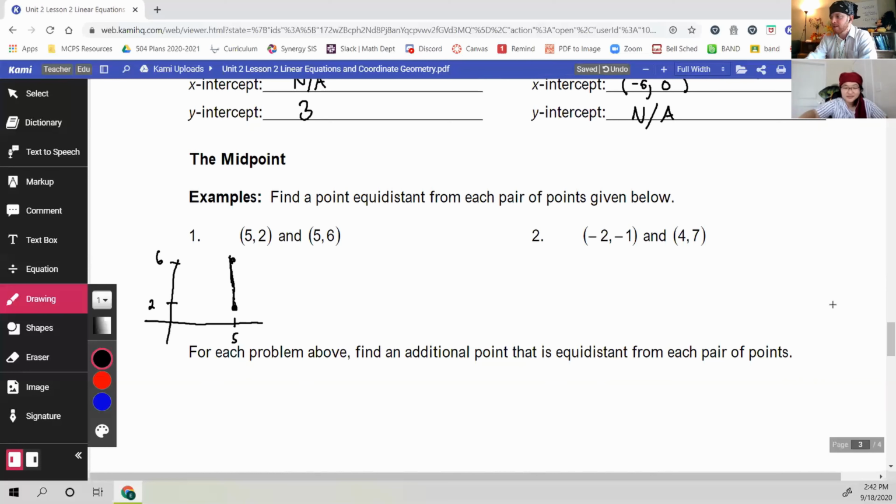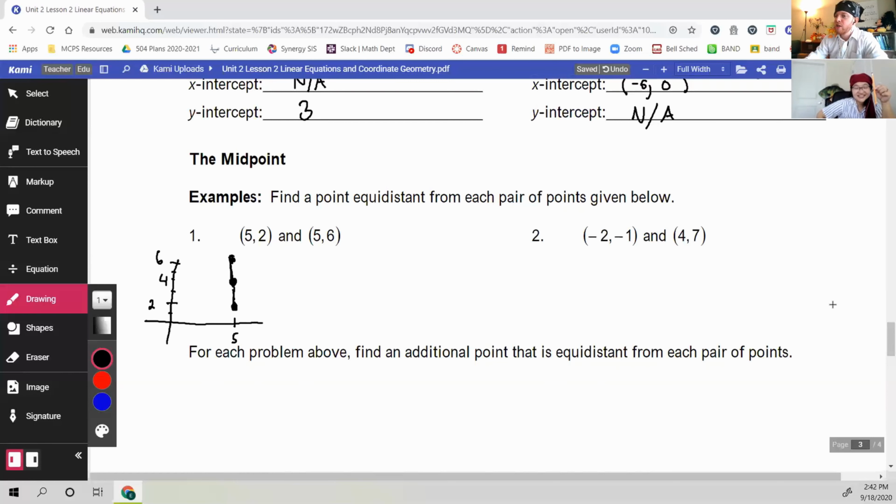Well, that's a line segment, right? Because it has an endpoint on the top and the bottom. And this line is straight up and down with an undefined slope. We can just find the middle of this line, right there. What is the midpoint between 2 and 6? 4.